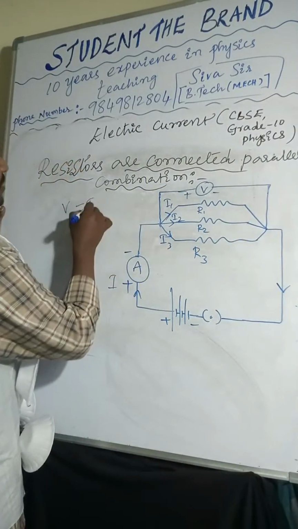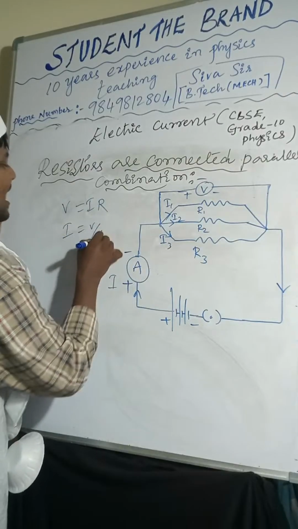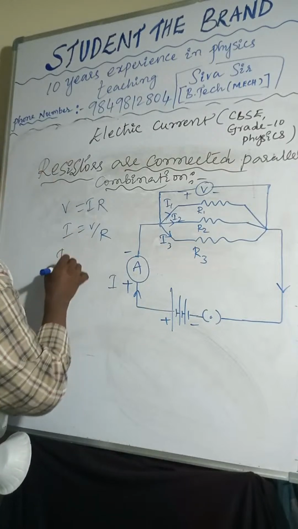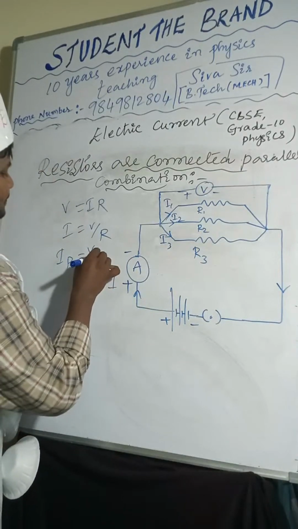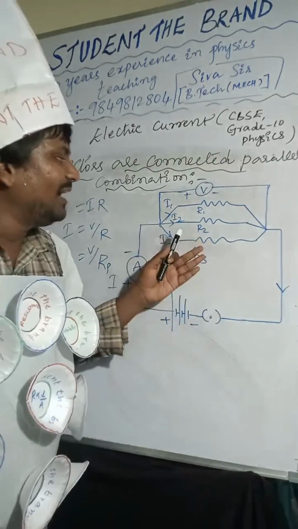From Ohm's law, V equals IR, so I equals V by R. Potential difference is the same, that is the reason I take IP equals V by RP. So we can take the effective resistance, the equivalent resistance.